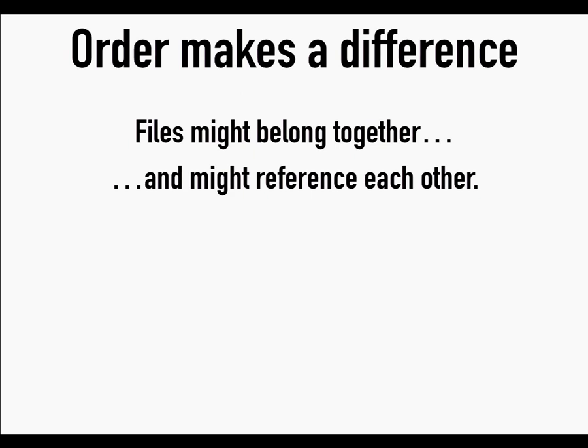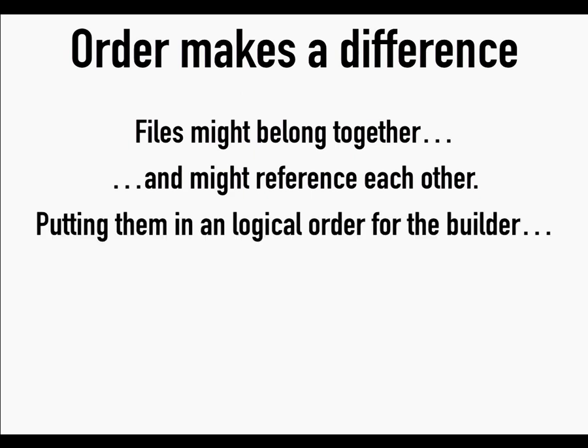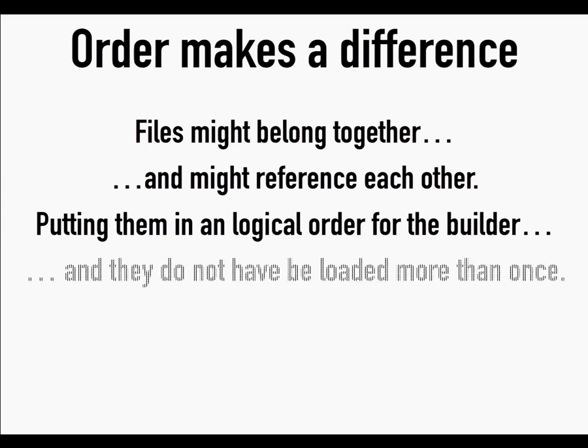If you have models that are located in the same folder and they belong together, load them together. And you can do that by overriding the builder. There is a to-be-built computer that you can override, and then you can bring the files in the right order. That makes sense.